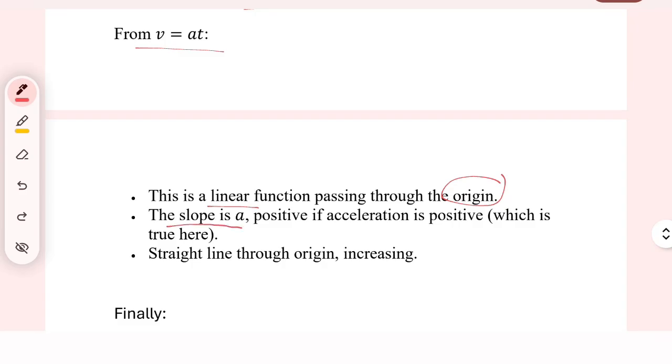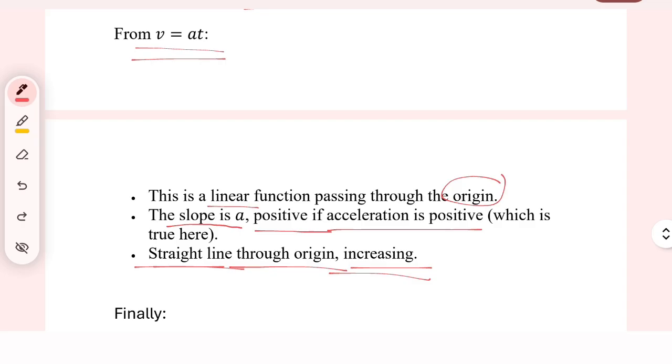The slope is a, of course. And it is positive if acceleration is positive, which is true here. Therefore, the graph should be a straight line that passes through the origin and is increasing.